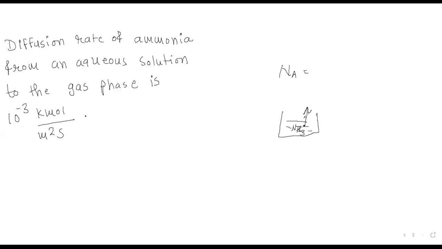So the Na value is given as 10 raised to minus 3 kilomole per meter square per second. Very good. I think Aryan said it.